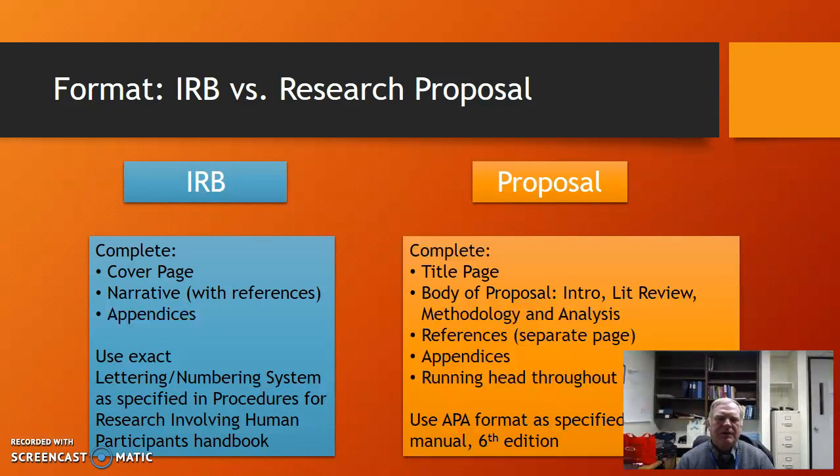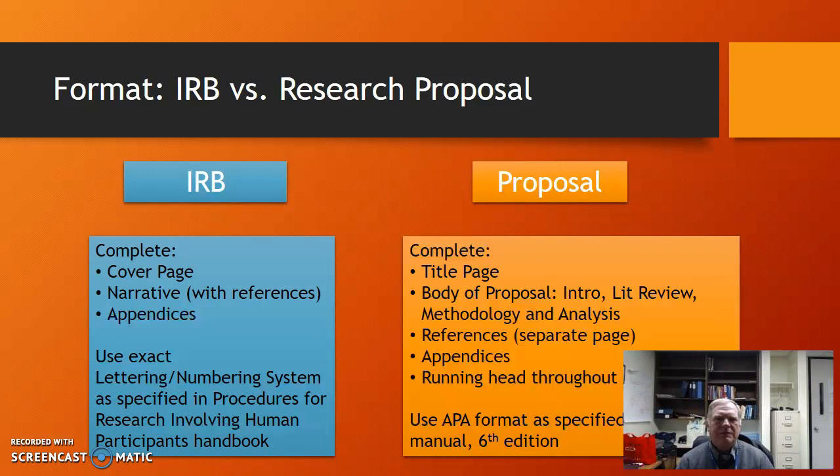The proposal has a title page that comes first, and then it has the body of the proposal that includes the introduction, the literature review, the methodology, the analysis, the references, which come on a separate page after that, and then there's appendices, and throughout the whole paper you have what's called a running head, and that's different on the first page than it is on the rest of the pages.